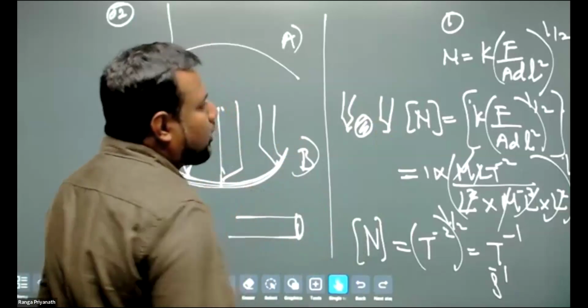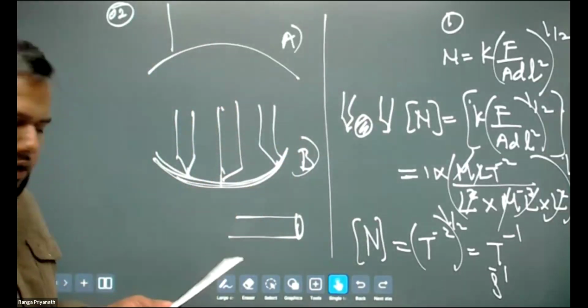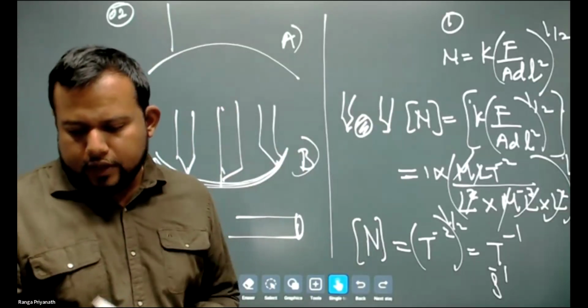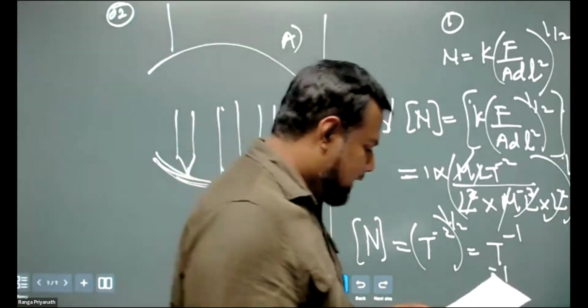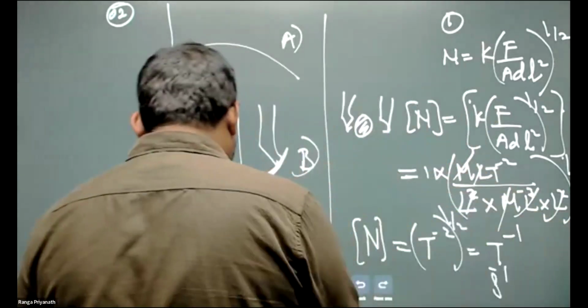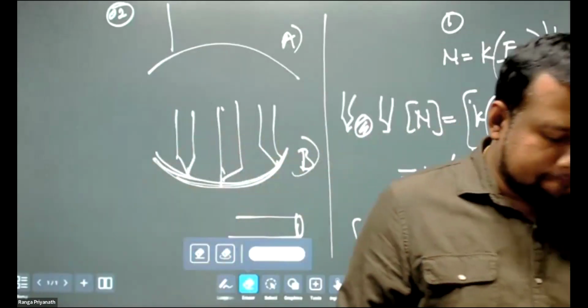It's difficult to place on the surface. So that is also not possible. Only the answer is B. If you have anything, please let us know, I will explain. The answer is number B.